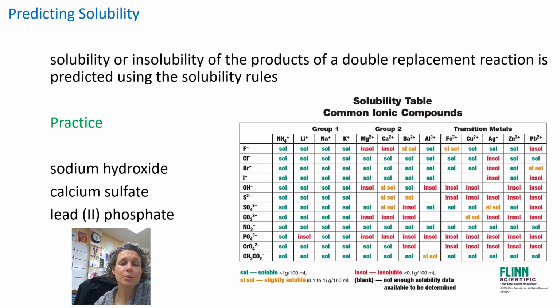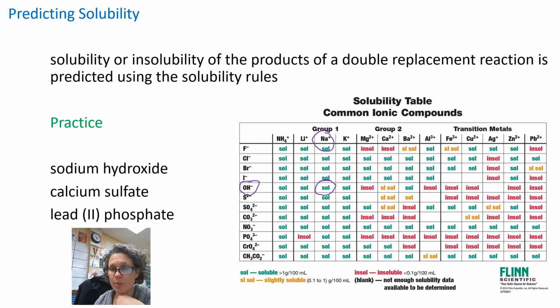But when you're looking at this practice over here, sodium hydroxide, you would find the sodium ion, which is right here, this column, and then you want to see what happens when you mix it or when you form the compound with hydroxide, and it is soluble.